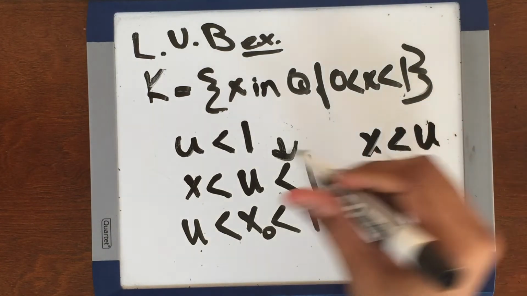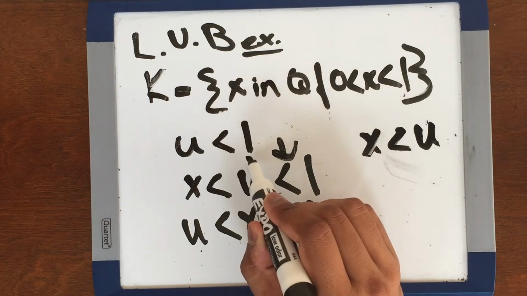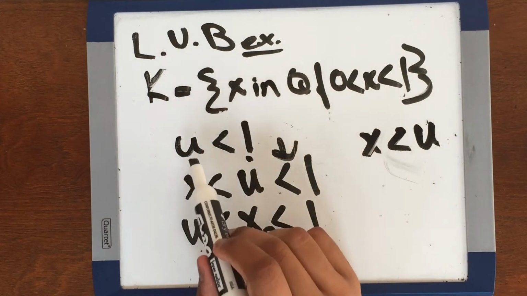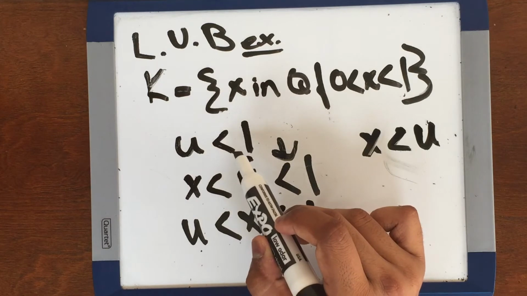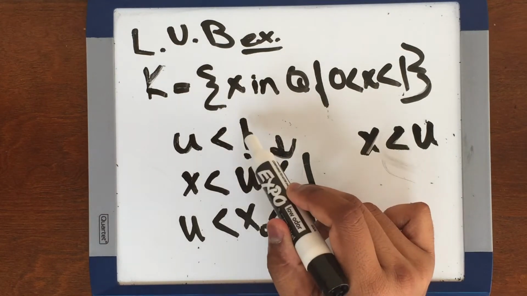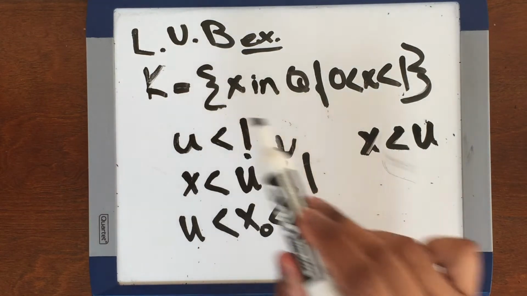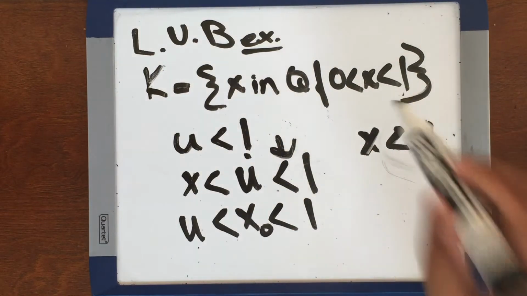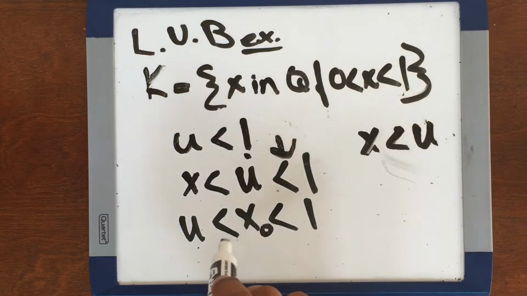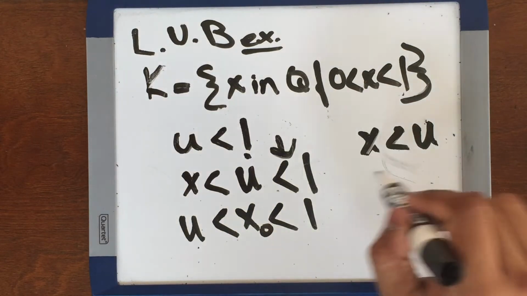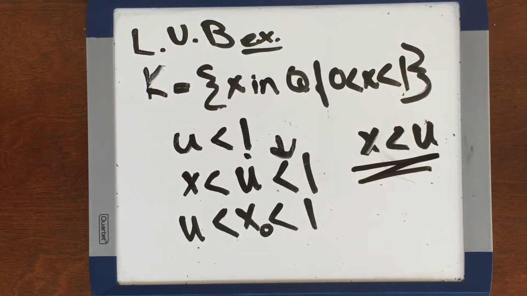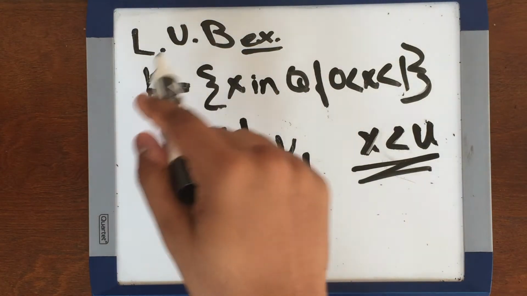If 1 wasn't our least upper bound, there must be some upper bound U that is less than 1, and if that is the case, there must be some X in our set that is also less than 1 and greater than U. That gives us our contradiction, because by definition our upper bound is supposed to be greater than all of our X. Therefore 1 must be our least upper bound.